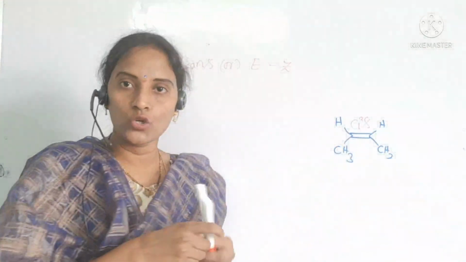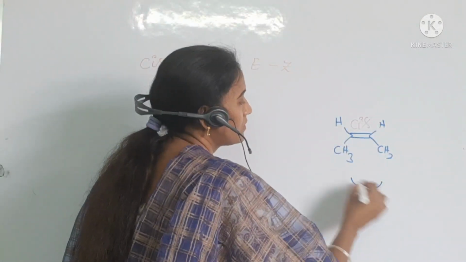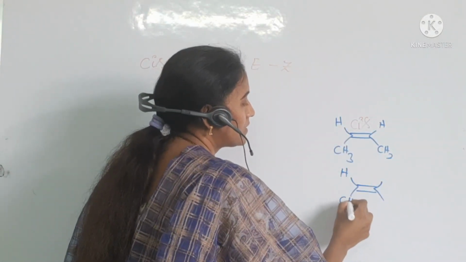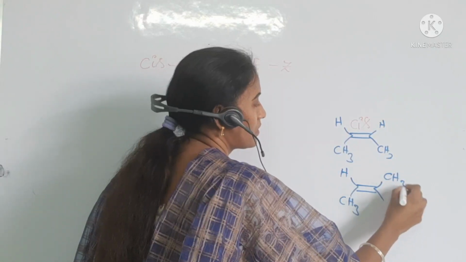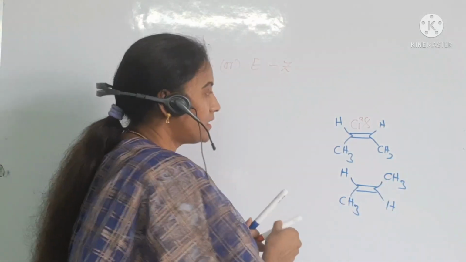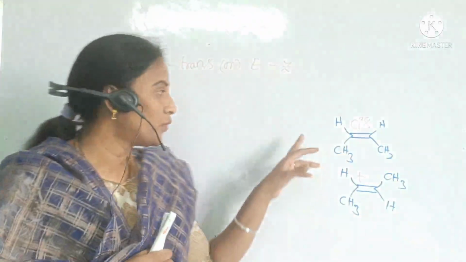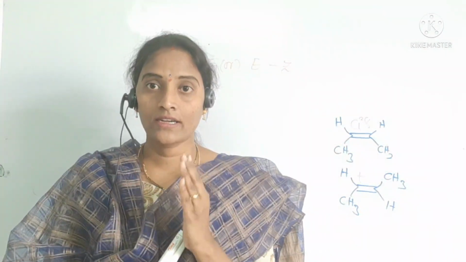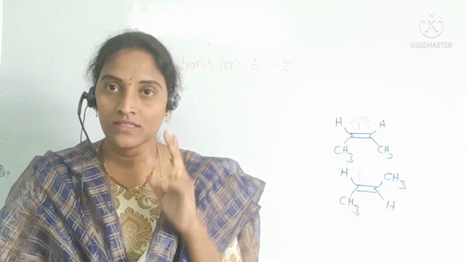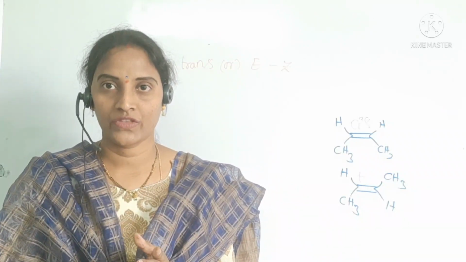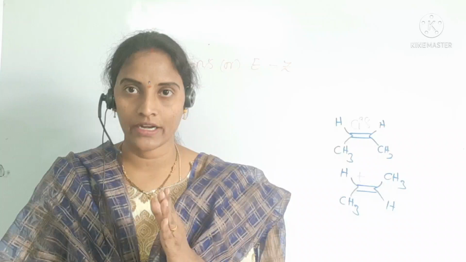If the similar groups are present on the opposite side, that is the trans isomer. By seeing this, you can tell one thing: both ends must have at least one similar group or atom, then only can you identify cis trans isomerism.